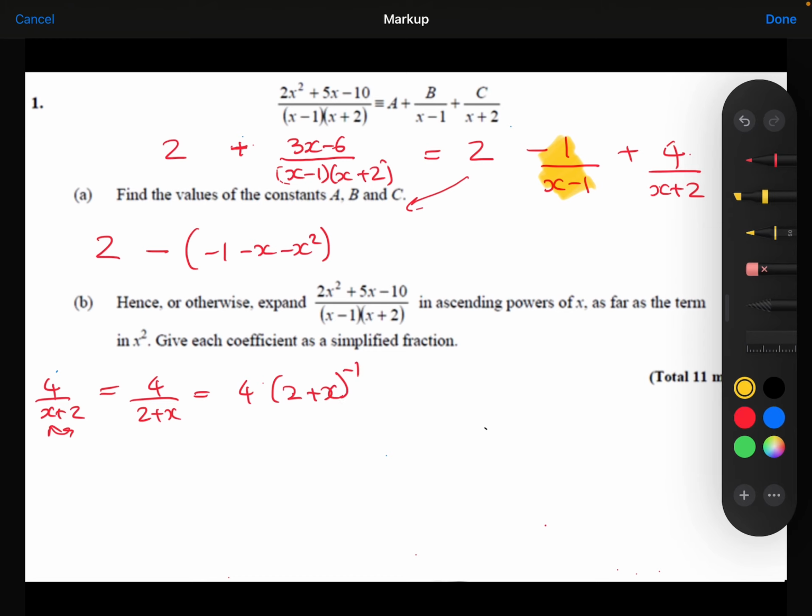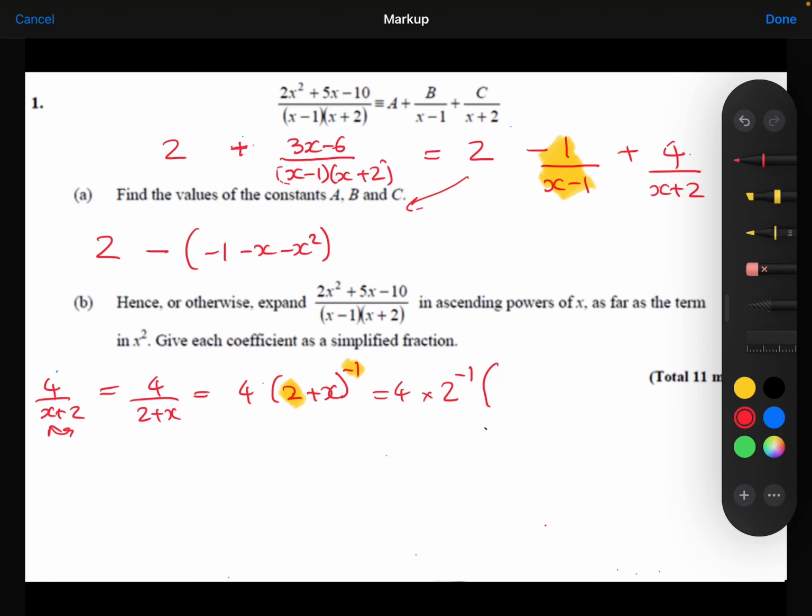And just like before, this term here has to be a 1. So I'm going to factorise 2 outside. So we'll leave the 4 there for a minute. Factorising the 2 outside would become 2 to the power minus 1, because it still has to be to that same power.